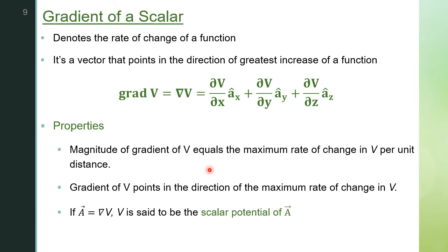Also, if the vector A is equal to del V, that is, if a vector can be expressed as a gradient of a scalar, then this V is called the scalar potential of A. We'll see what is potential in detail later. So, if a vector can be expressed as a gradient of scalar, then that scalar parameter is called the scalar potential of the vector.